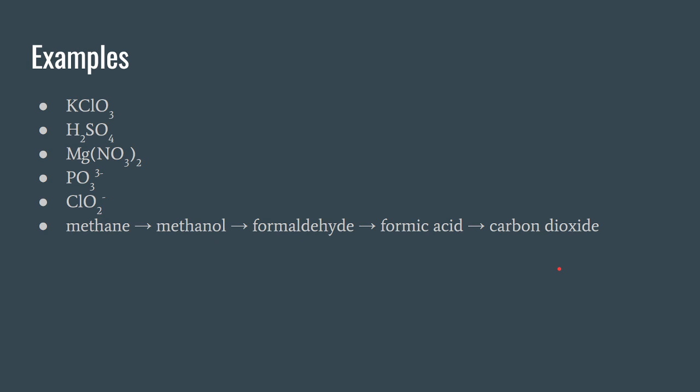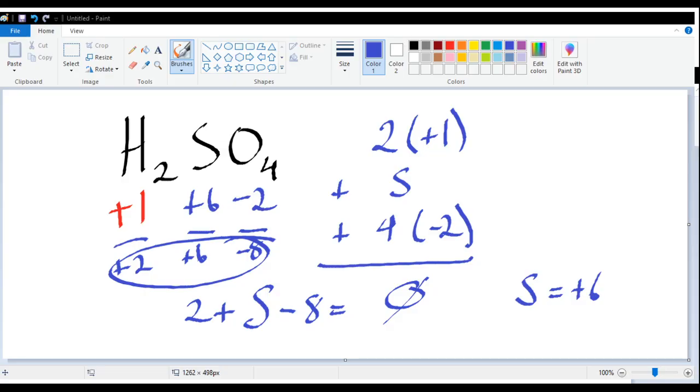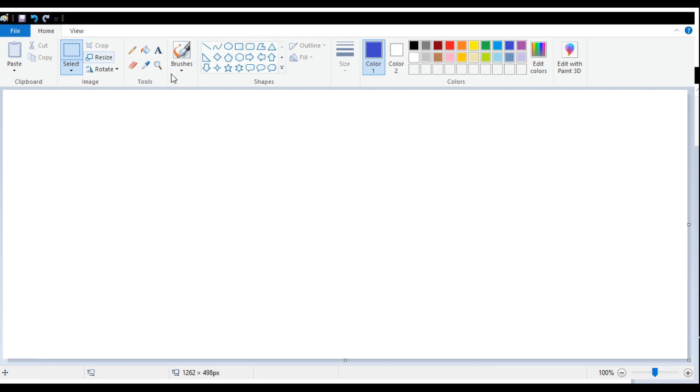So next example, magnesium nitrate. This one is a little bit more involved, not excessively so.